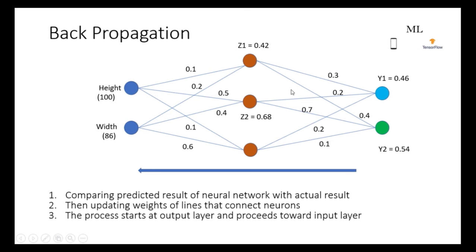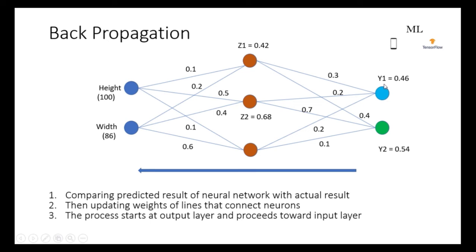Then we studied about backpropagation. So what is actually backpropagation? When in the feed forwarding we calculated the predicted labels, then we compare the predicted results with the actual results. Then we will update these weights, and this process is known as backpropagation.